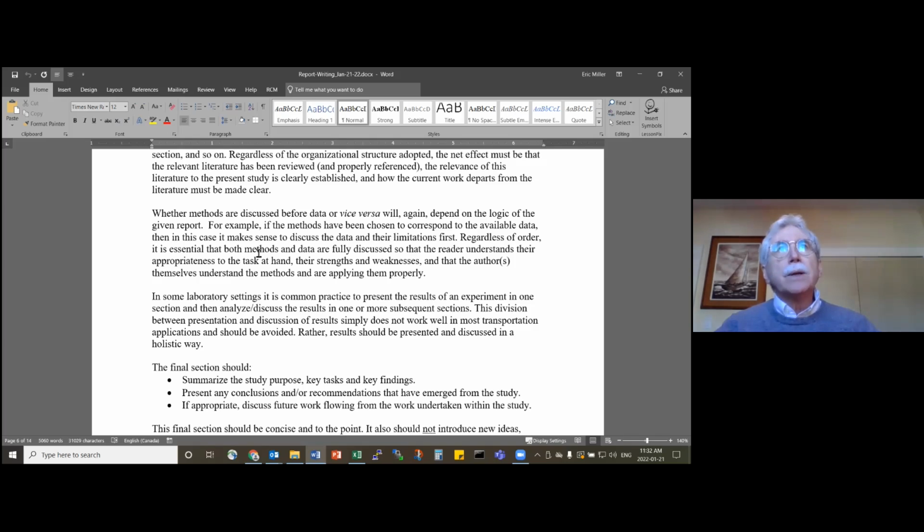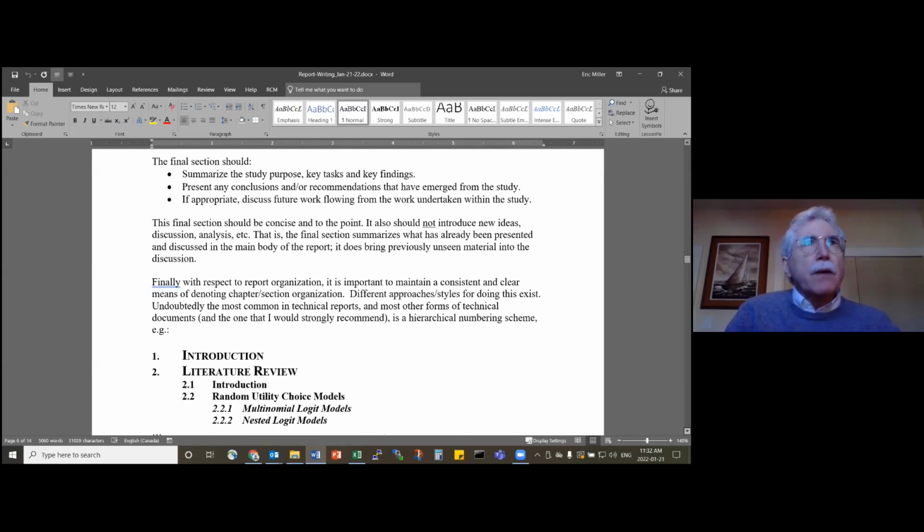But what I've always found, with the sorts of modeling we're doing, is that usually I find having results and discussion together in a section works better. You present the table of parameters for your nested logit model and you discuss it on the spot. Because I think it's often very artificial and a bit aggravating to the reader to have, in section 5, this table of parameters, and then in section 6, you start discussing them. To me, that's not a very organic way of dealing with things.